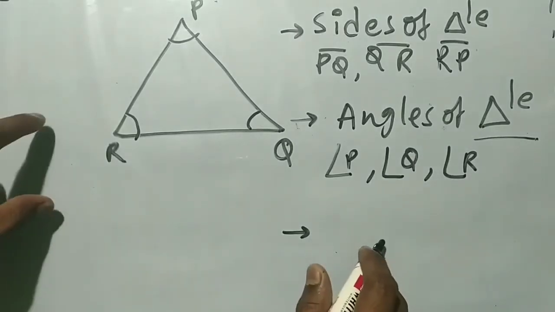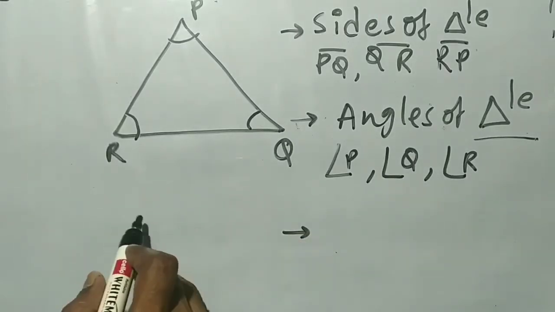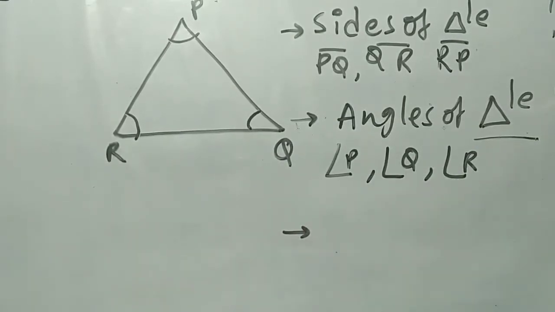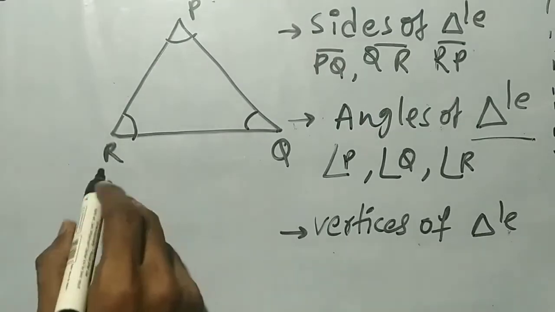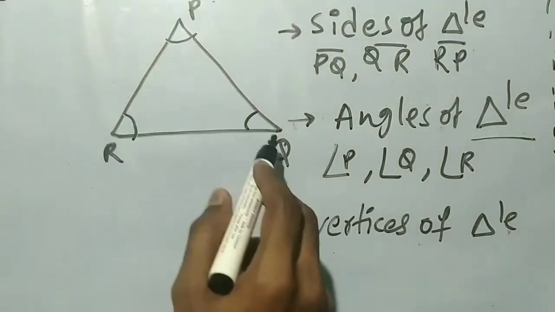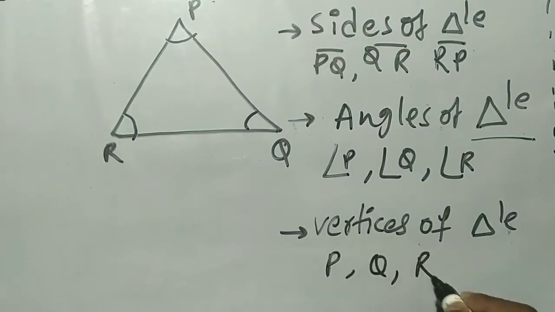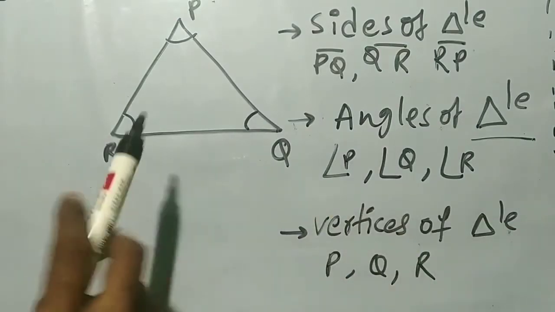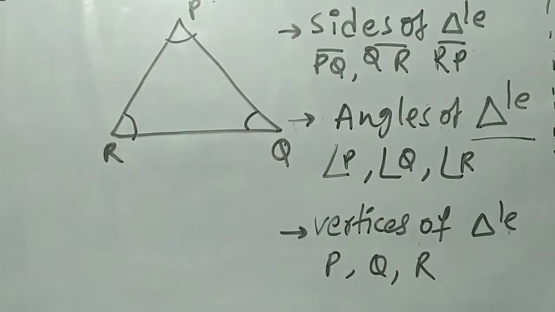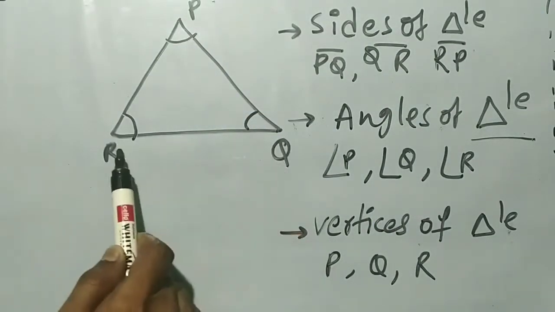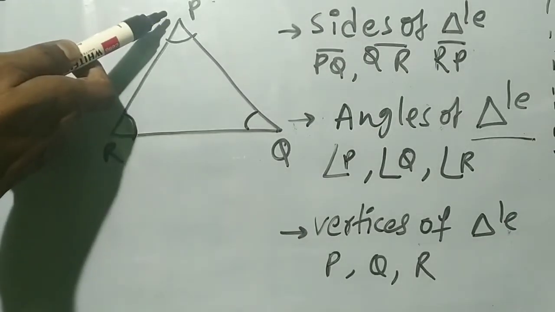So we know that 3 vertices form 3 angles. The vertices are P, Q, R. The sides of a triangle are PQ, QR, and RP or PR.